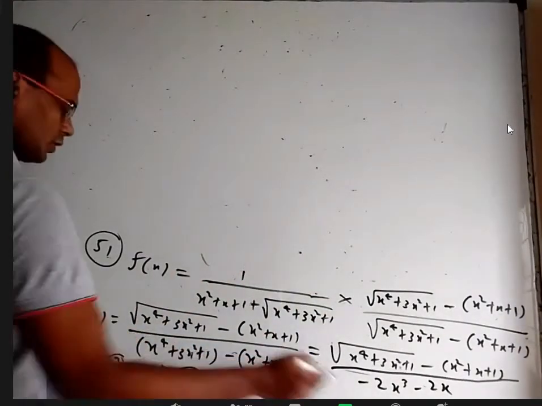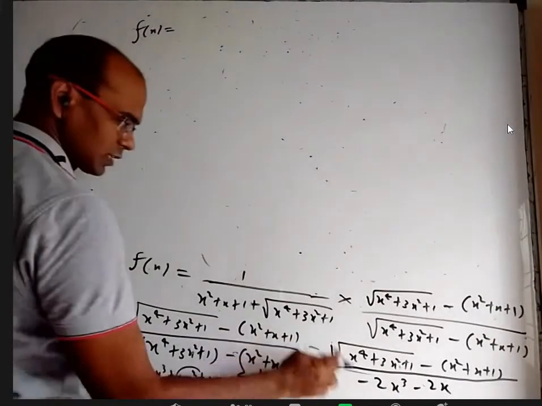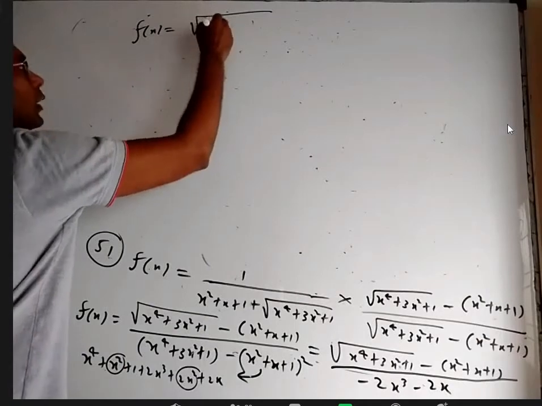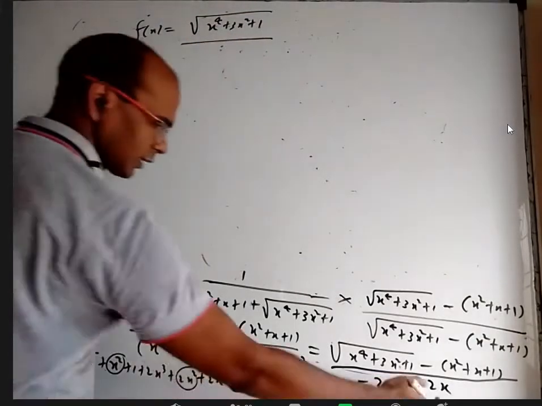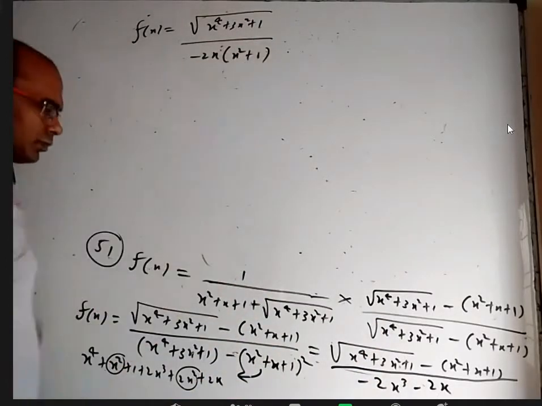Now here f of x is equal to, when I take this by this, root over x power 4 plus 3x square plus 1. I can take minus 2x common into x square plus 1.